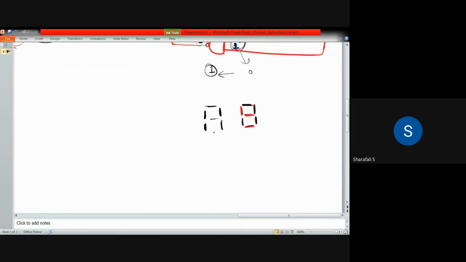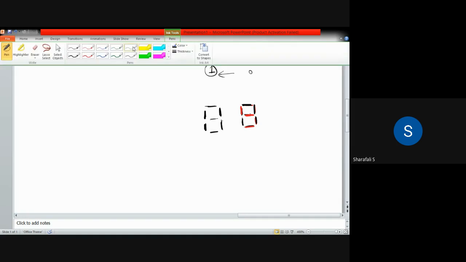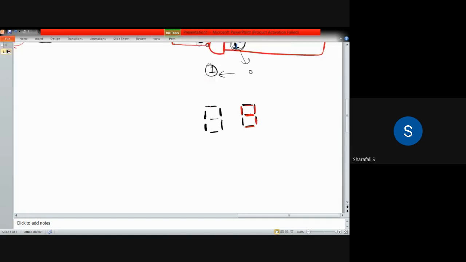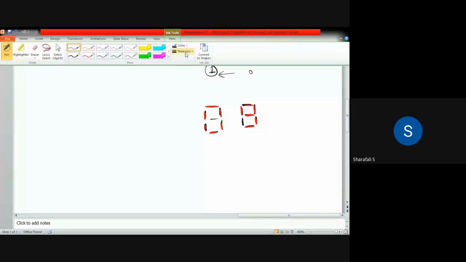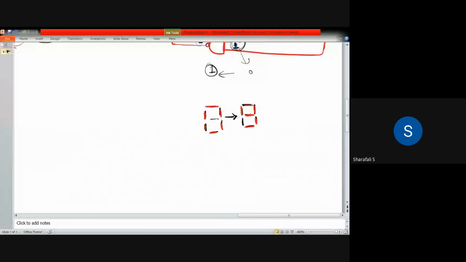We are having 7 LEDs or 7 segments, and for the minimum case these LEDs will be glowing: this one, this one, this one, this one, this one, this one. So we will have minimum 0 and maximum 9. That is a decade counter that counts from 0 to 9.